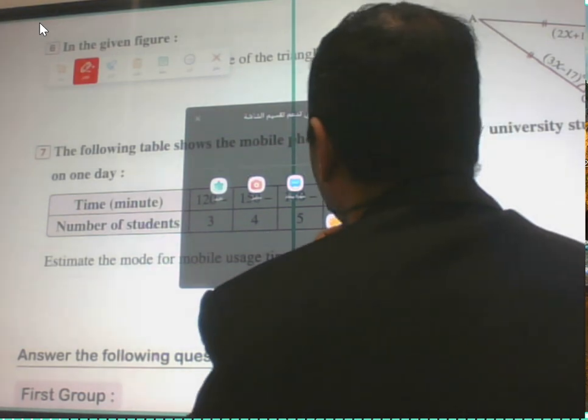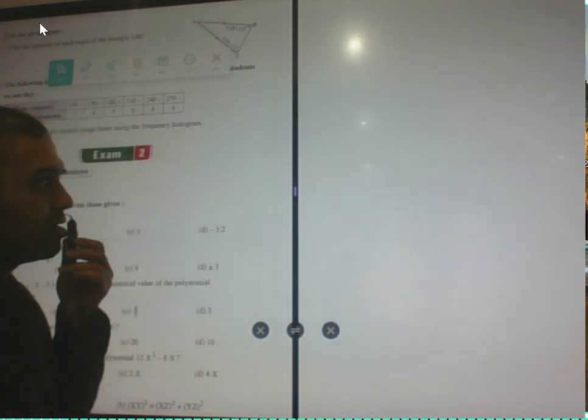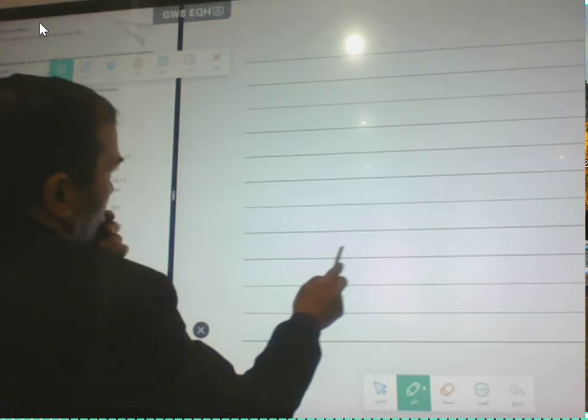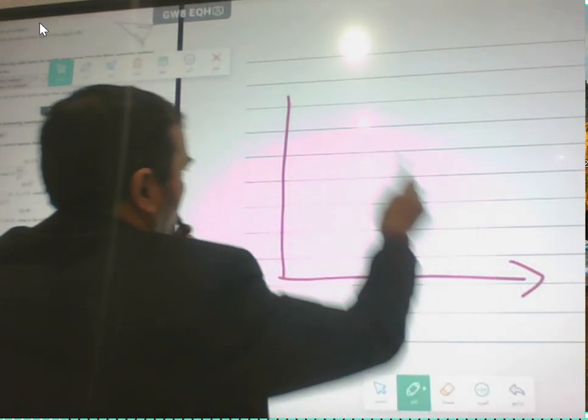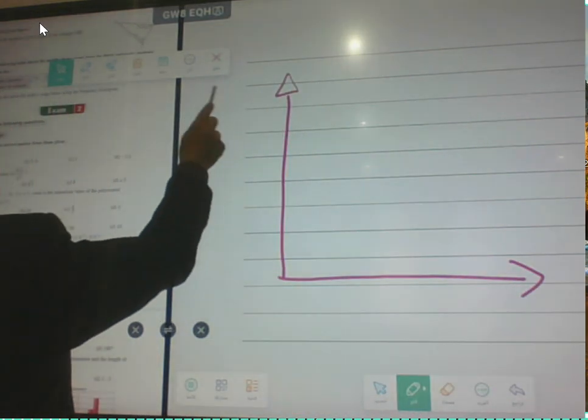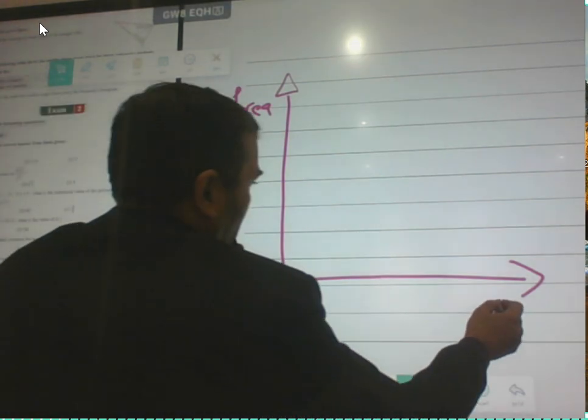Okay, listen to me. Now I will draw here. Look with me. Horizontal and vertical like this by ruler. Okay. And first we write here frequency, and down we can write the sets.